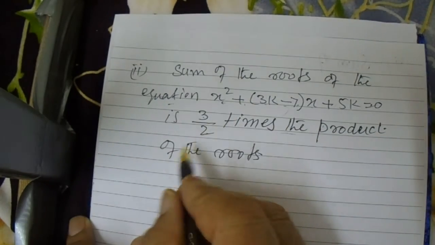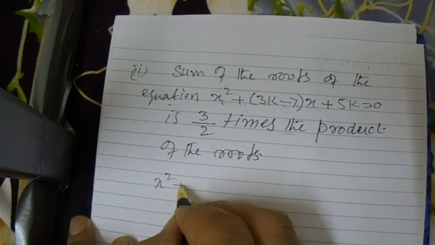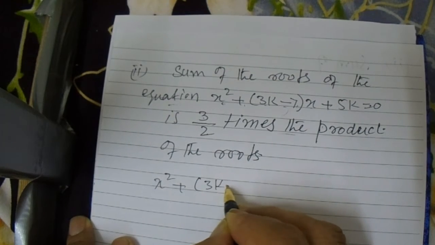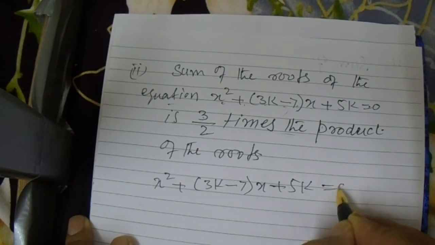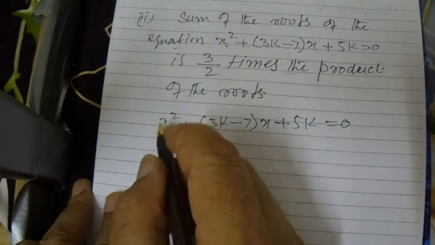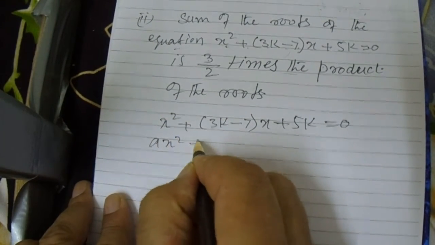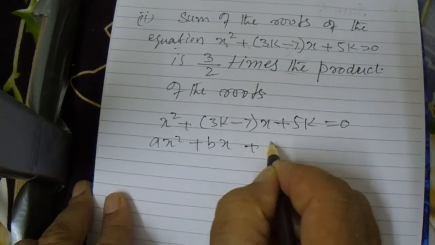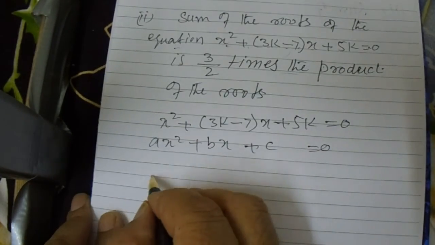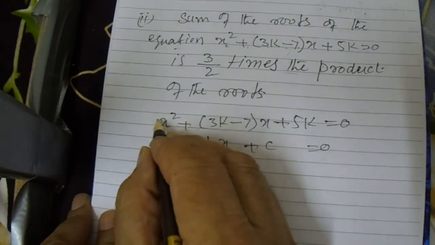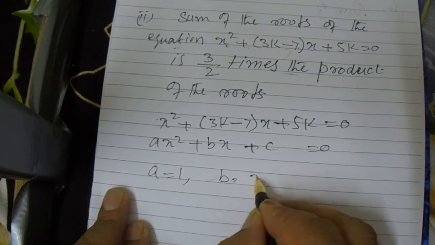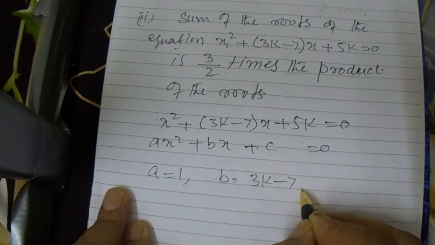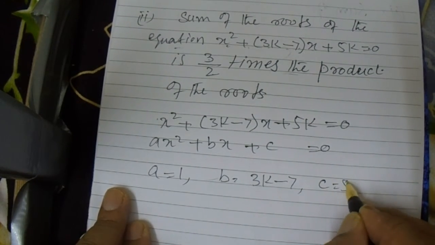Now we write again x² + (3k − 7)x + 5k = 0, and we write ax² + bx + c = 0. By comparing, a = 1, this is the coefficient of x², b = 3k − 7, and c = 5k.